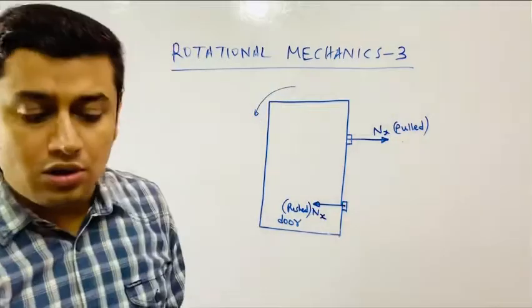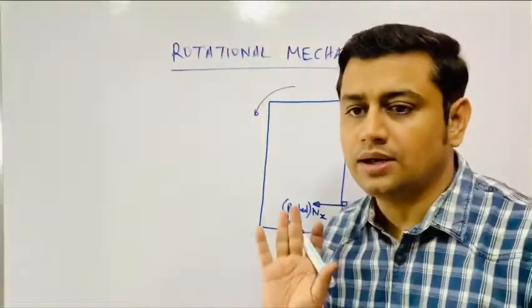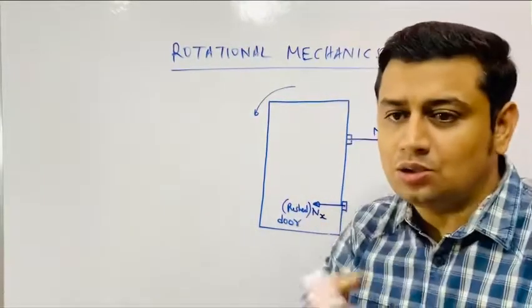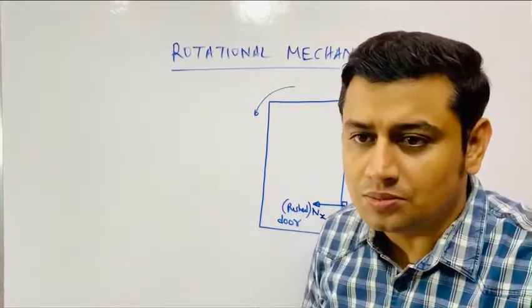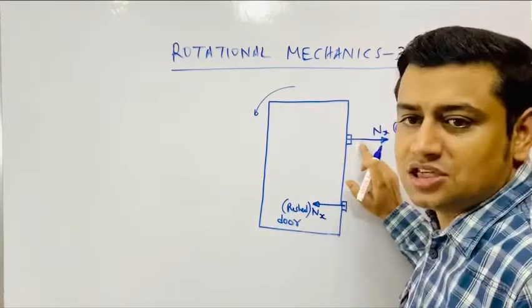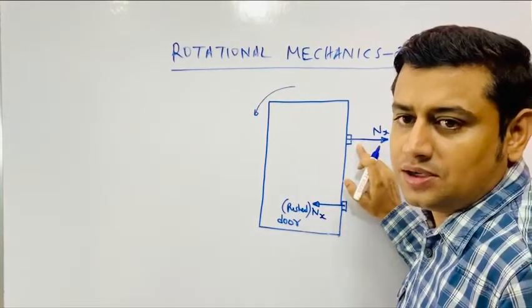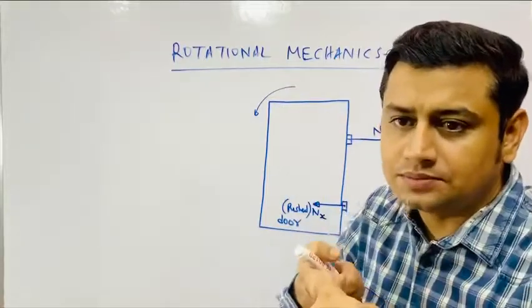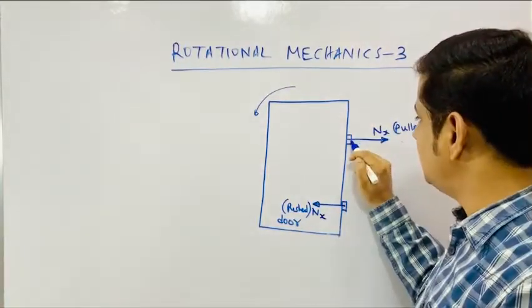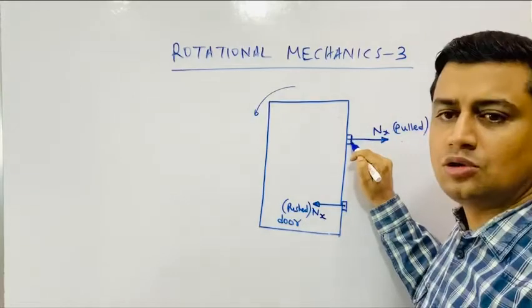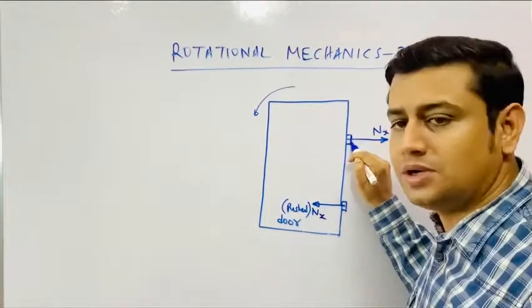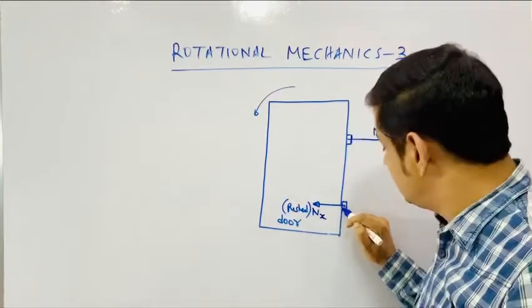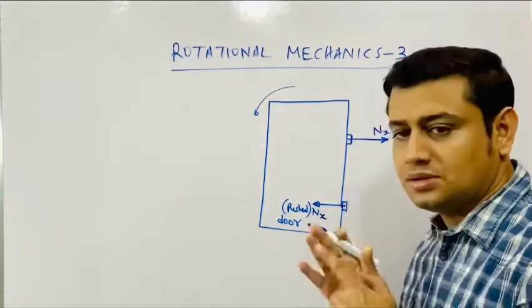So understand, if you have a very old door, and you open that door and take it out from the home, you will find that at this point the hinge is rubbed. This end of the hinge is clear. There is no force in its whole lifetime on this end, but here, this end is rubbed.